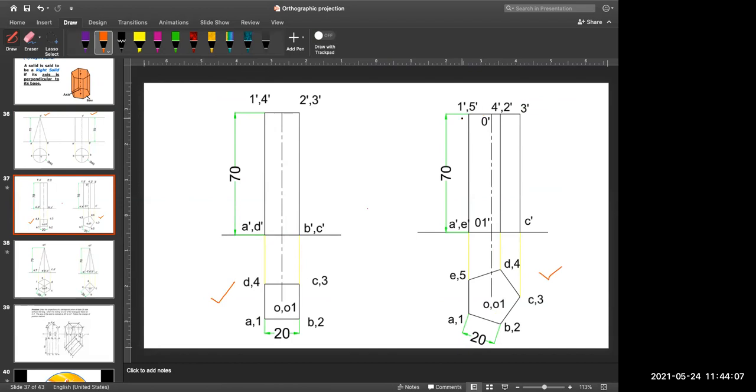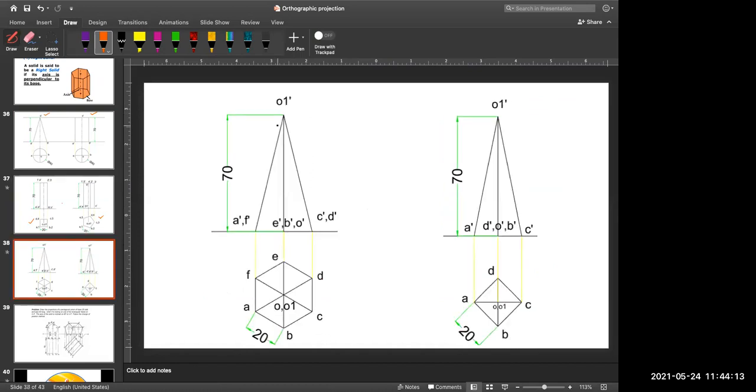Okay, so how will you distinguish between a prism and a pyramid? If this is a pyramid, it will come like this. So here you have a single vertex. This is the apex of the pyramid that you have seen, and you all know about those pyramids of Egypt. You have seen them in so many places on the internet.